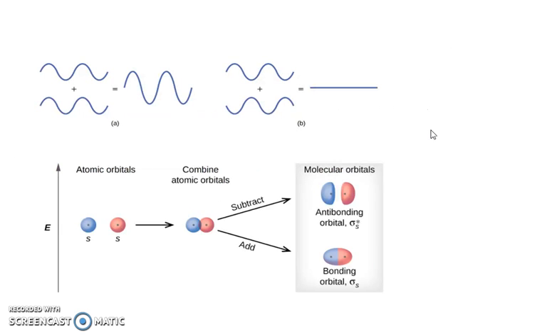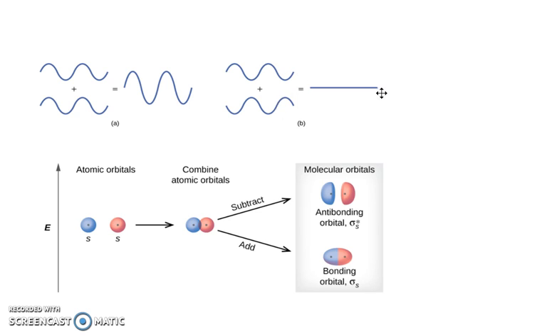So in molecular orbital theory, we have 2 orbitals that are going to overlap. And we need to remember that electrons can be described as waves, not just particles. So if we look at the wave functions for those orbitals, those 2 waves can either combine constructively or destructively. If they combine constructively, then we have a bonding orbital.